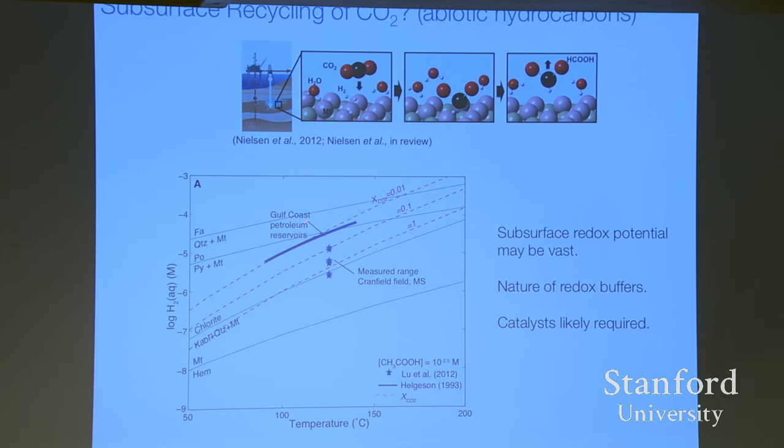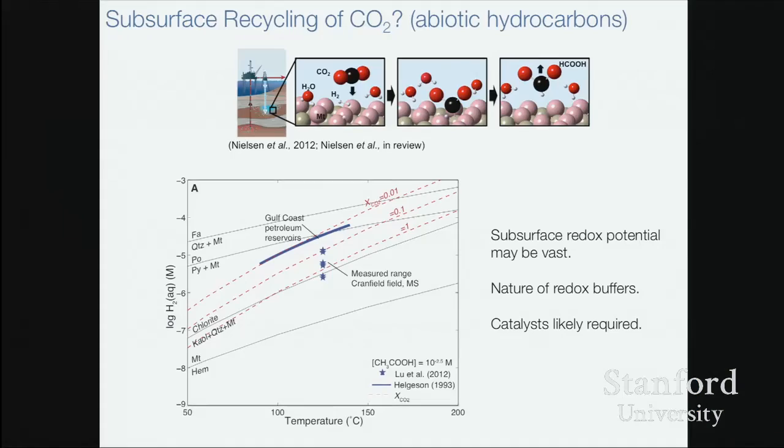And if we look at petroleum reservoirs, they plot up here. So they're quite reducing. And these black lines show the mineral reactions that actually control the redox conditions in these reservoirs. And the red lines show the ratio of CO2 to acetic acid in these reservoirs. And we're just using acetic acid as a proxy for reduced organic carbon.